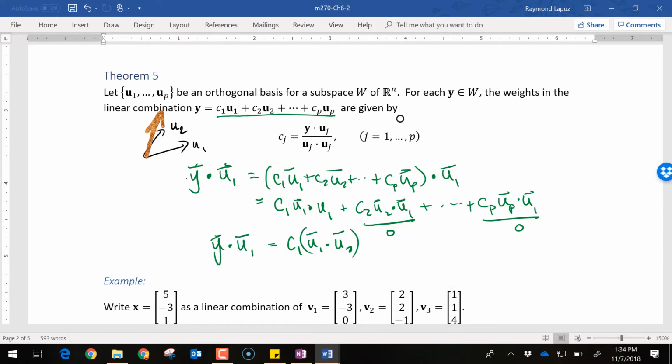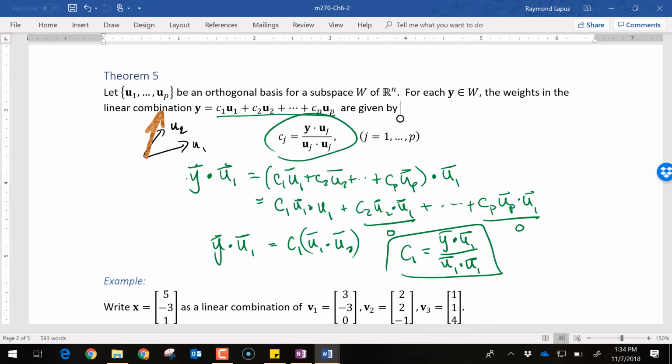And so if you solve for C1, that's equal to Y dotted with U1 divided by U1 dotted with itself. So if you do that for the rest of them, the same thing will happen, and then here's your formula. It's pretty cool, huh? So that's a proof of that.